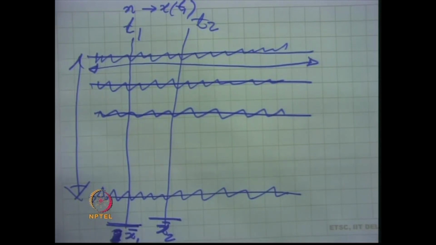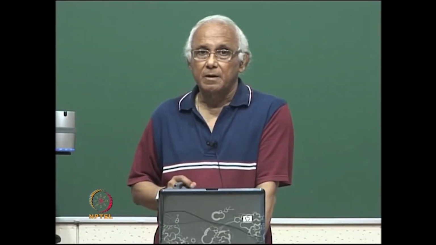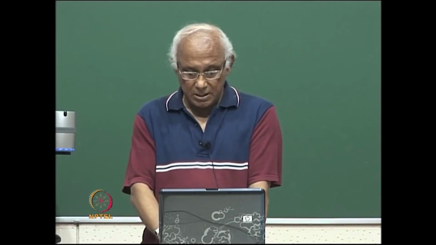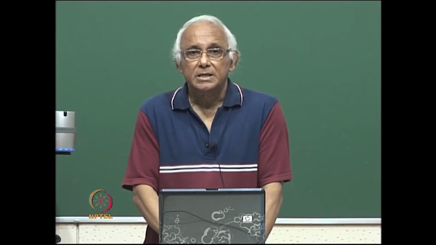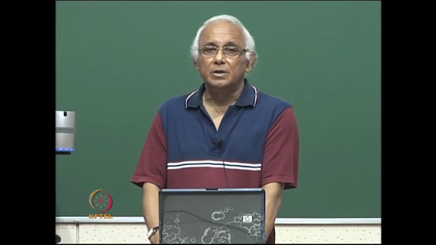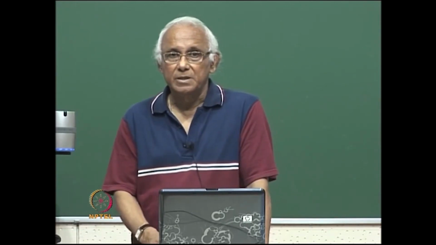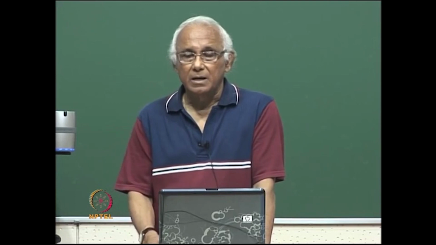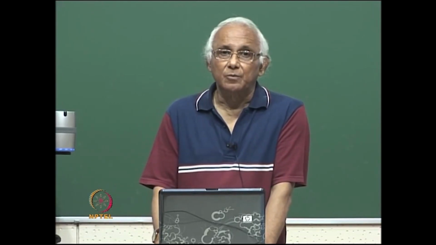In any random process, if we find this condition existing, then we call that random process a stationary random process. And this stationary random process is uniquely defined with the help of a mean square value and a mean value.